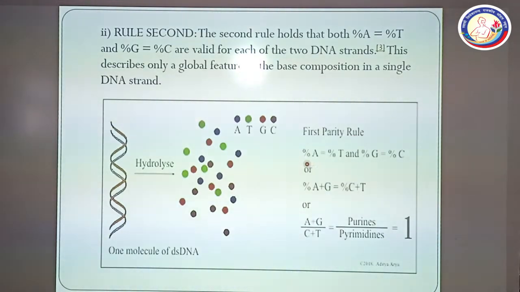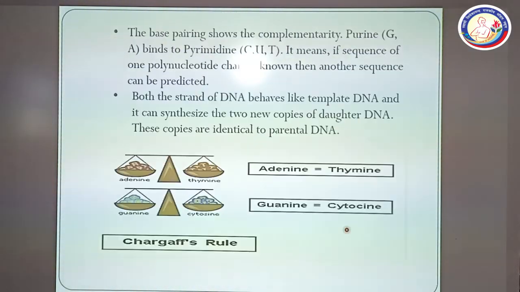The first parity rule is that the percentage of A equals the percentage of T and the percentage of G equals the percentage of C. We can write the rule as follows: A plus G equals C plus T. Basically, these are the purines and these are the pyrimidines. A plus G divided by C plus T equals 1, purines divided by pyrimidines.